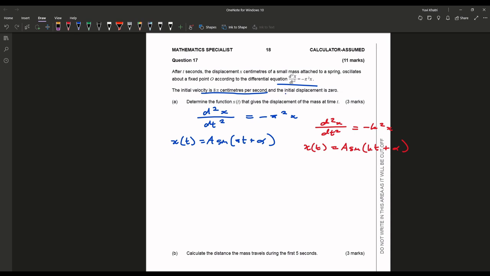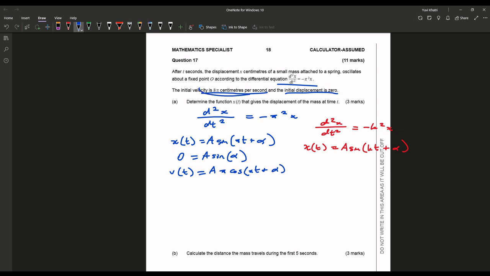Now, we know that the initial displacement is 0. So 0 equals A sine. If we sub t equals 0 into here, this thing disappears, and we just get alpha. So A sine alpha. Now, we also know that velocity, which is the derivative of the displacement, is Aπ cosine(π t plus alpha).